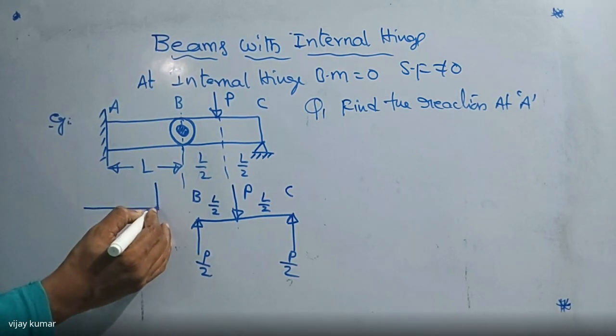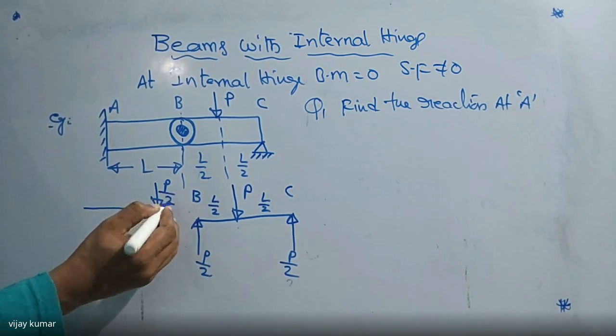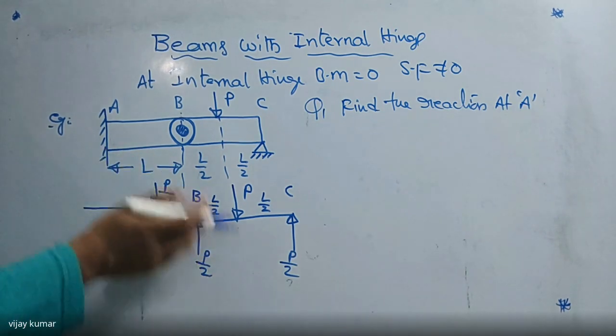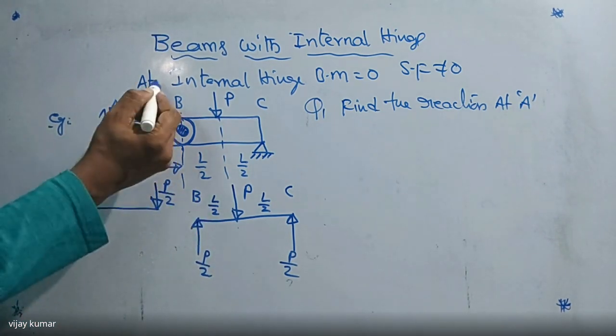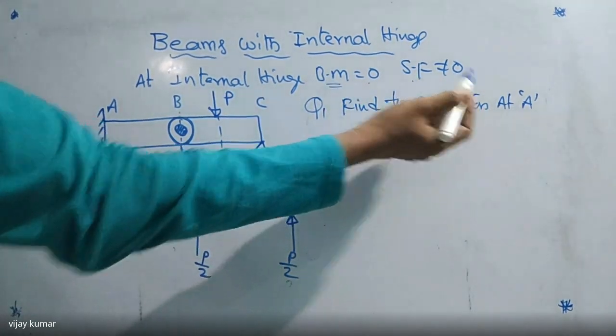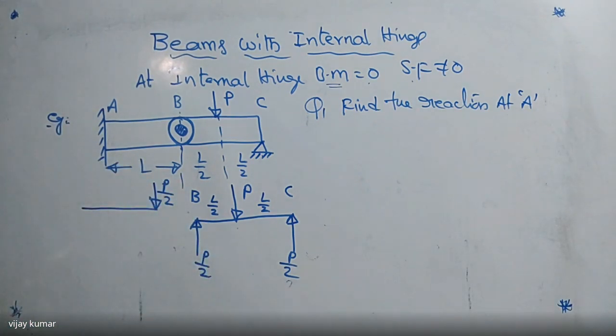Did you get my point? It is also equal to P by 2. Both have the same magnitude, but directions are opposite. That is named as shear. What I told you here: at internal hinge, bending moment is equal to 0, but shear is never equal to 0. So this is the shear value, with the same magnitude but opposite directions.